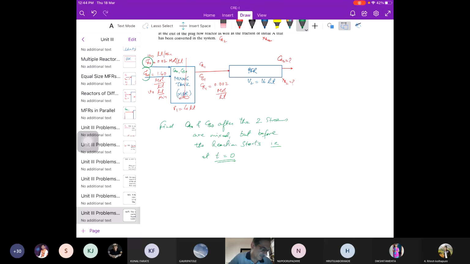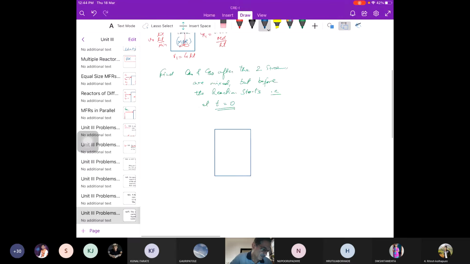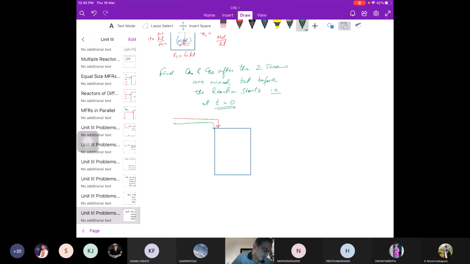So essentially what is happening is we have a mixing tank in which you have 2 streams coming in. One is having CA naught prime equal to 0.02 moles per liter.